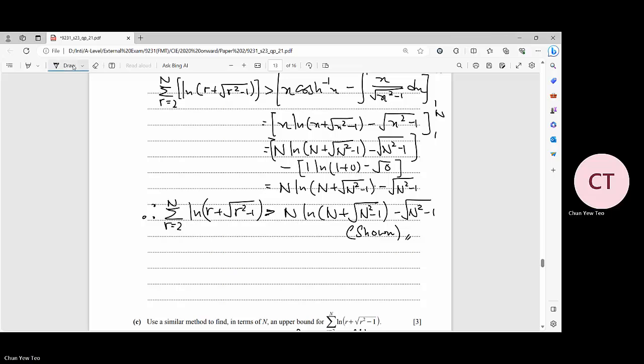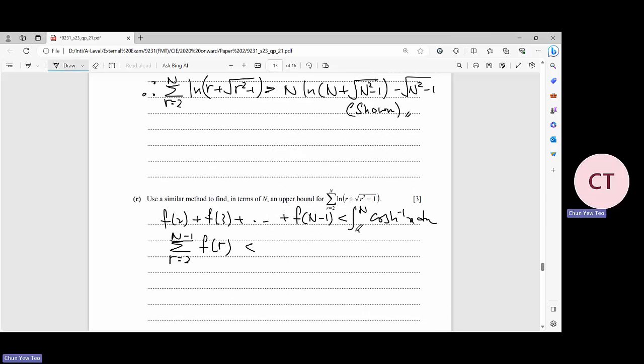Okay, n ln n plus 1, oh sorry, I copied wrongly. Ln n plus the square root of n square minus 1 minus the square root of n square minus 1, if you copy the result.